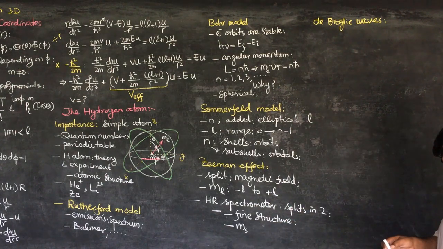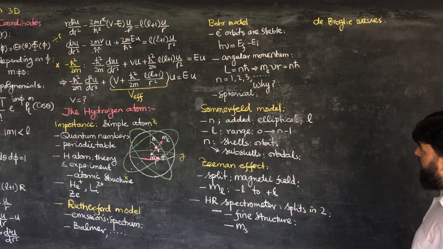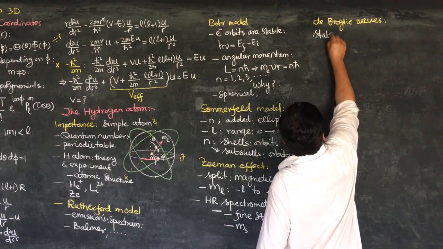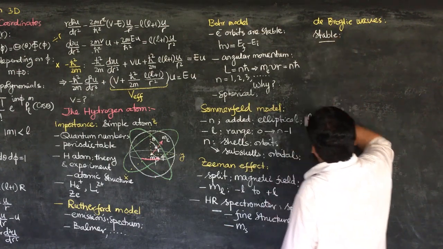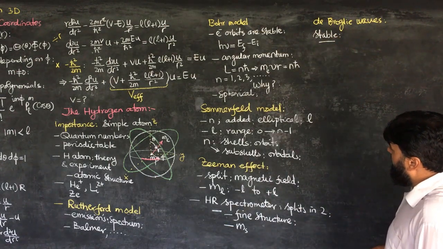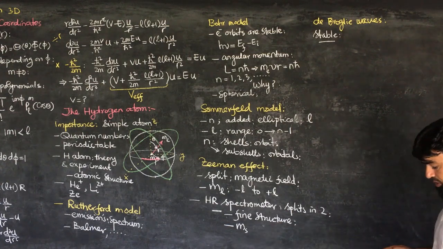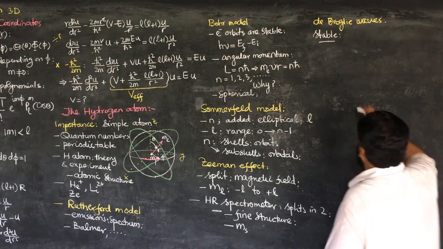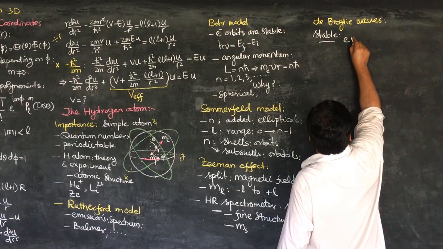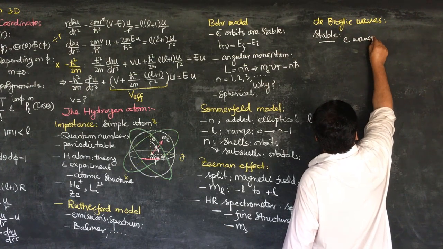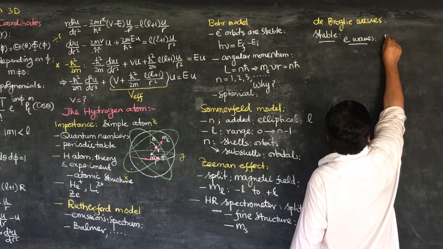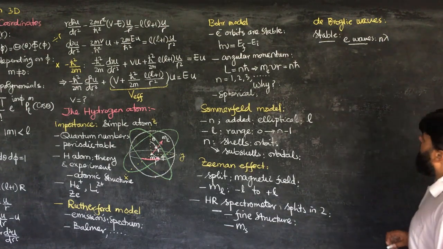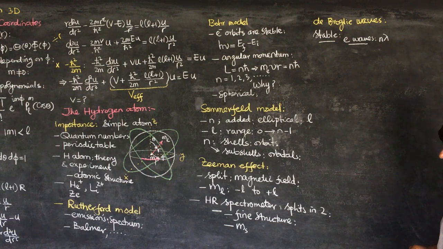So de Broglie provided that reason. He said that an orbit will be a stable orbit if and only if the number of waves associated with the electron is an integral multiple of the orbit.